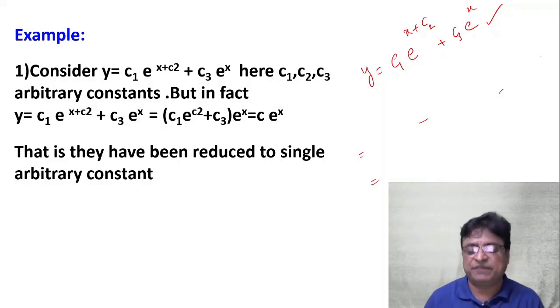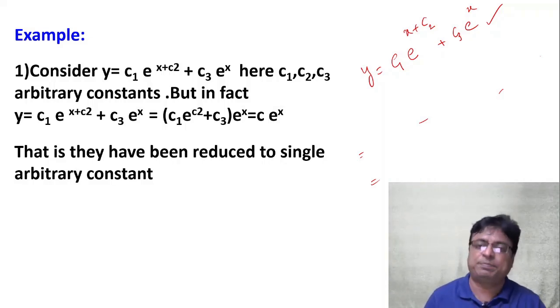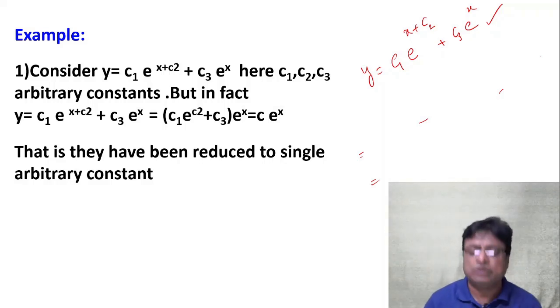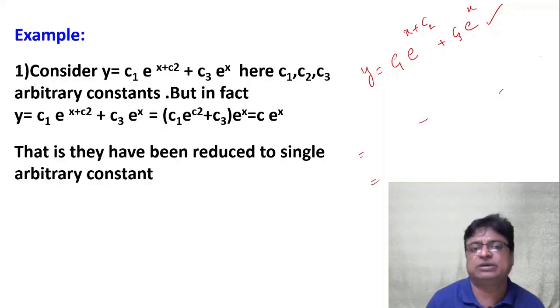Therefore, the number of independent arbitrary constants is only 1. That is why the order of the differential equation obtained from the given algebraic equation is nothing but 1. Like this kind of examples. Already this was one of the old JEE problems also. Like these questions we can expect in coming examinations, even for board examinations also.